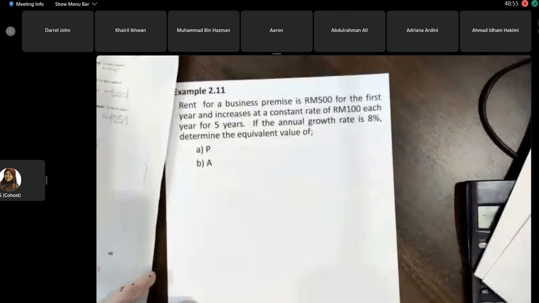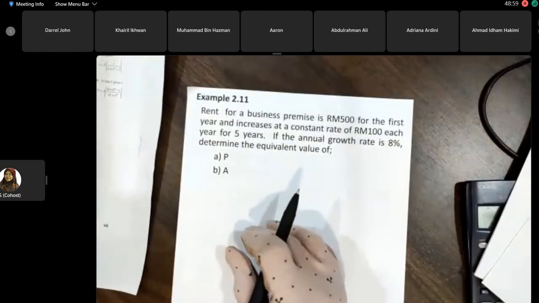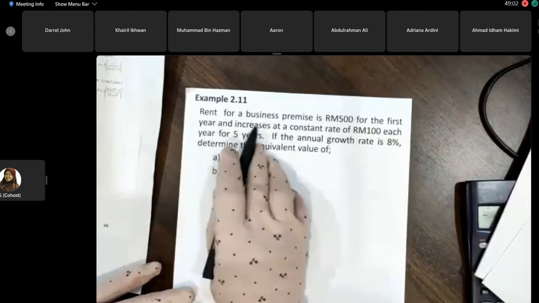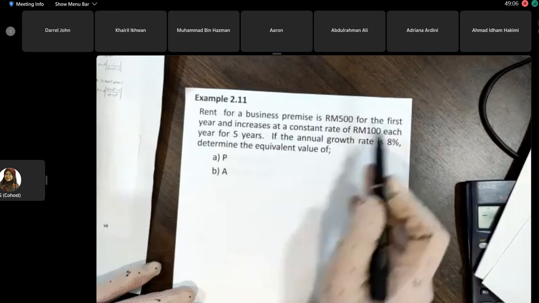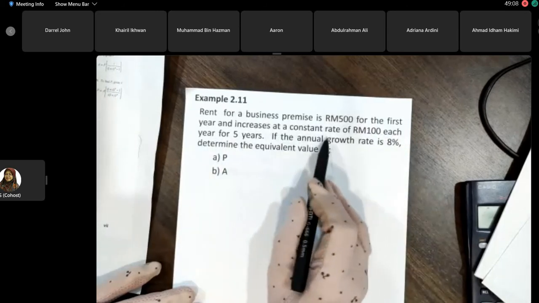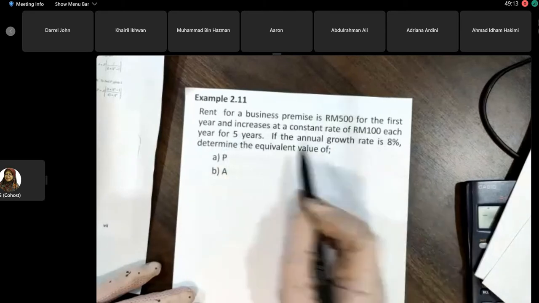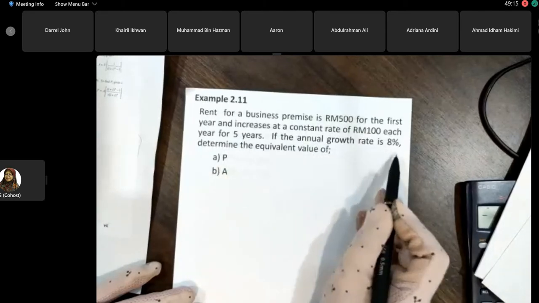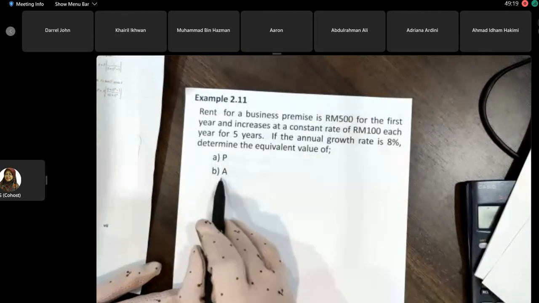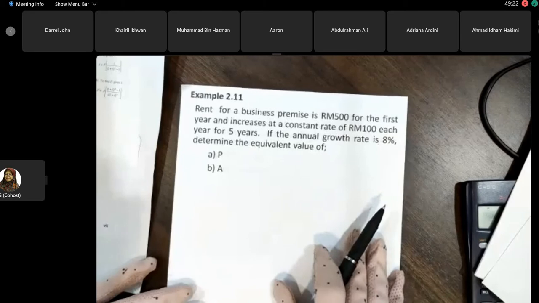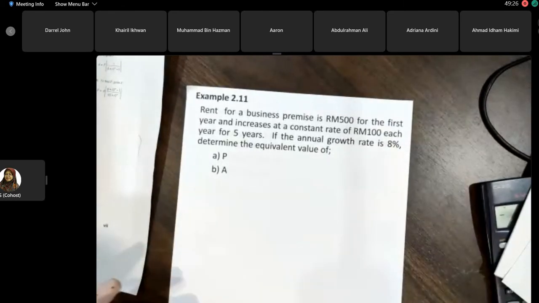Okay. Example 2.11. Okay, rent for a business premise is 500 ringgit for the first year and increases at a constant rate 100 ringgit each year for 5 years. If the annual growth rate is 8%, determine the equivalent value of, okay, first is P and then A. Okay, try your ni. Try to get the answer first. I give you 1 minute.